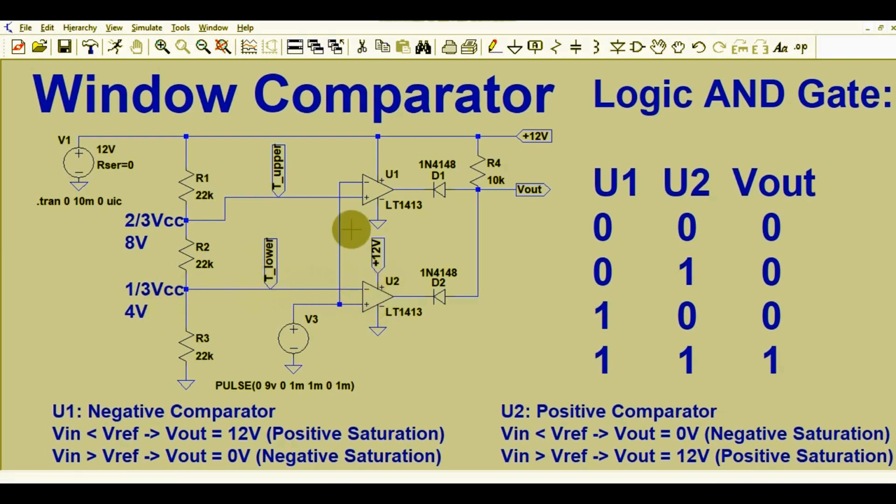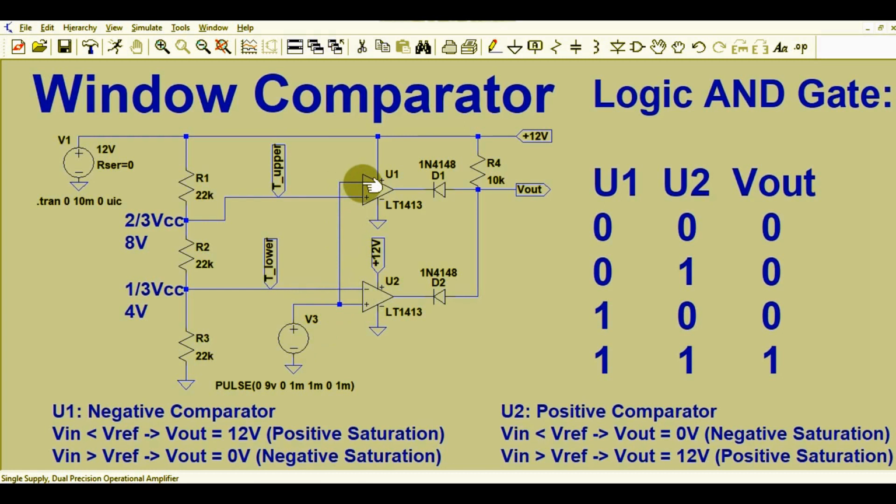So you can see for U1 the reference is at non-inverting terminal, plus terminal, and for U2 the reference is at inverting terminal, that means minus terminal. For U2 your input signal is at plus terminal, that means non-inverting terminal. For U1 your input signal is at minus terminal, that means inverting terminal.